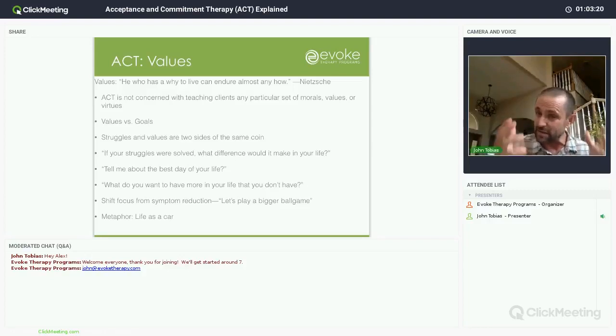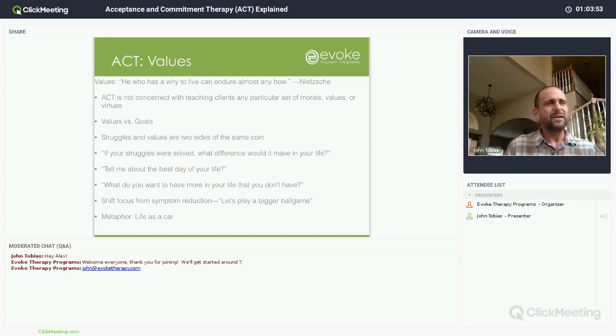Instead, how can I create a different relationship with my bad stuff, my difficult feelings, so that I can move more freely in relationship to my difficult internal experiences? The phrase that I like to use is, I wonder if you can play, instead of just trying to control or push away or do battle with your bad stuff, can you play a bigger ball game?